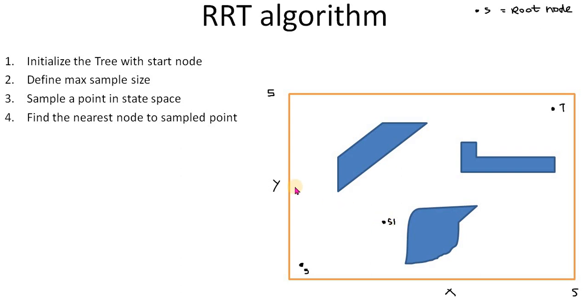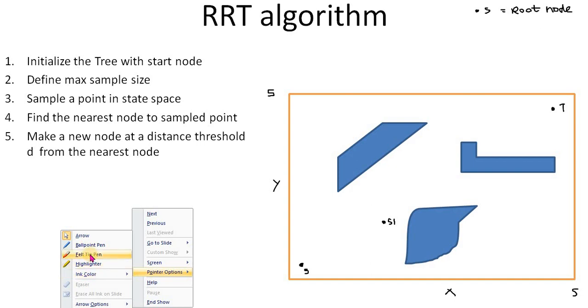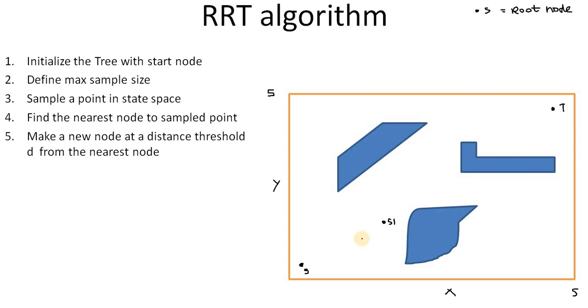Okay, and then we make a new node at a distance threshold d from the nearest node. So now here we have to make a new node. S is the nearest node, and this is the sampled node.